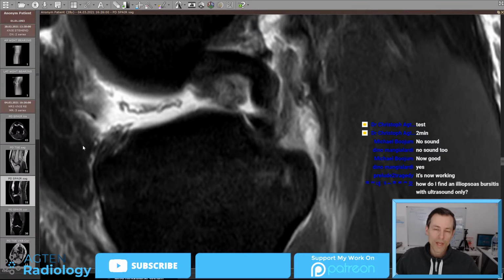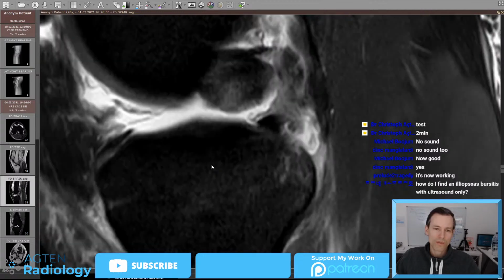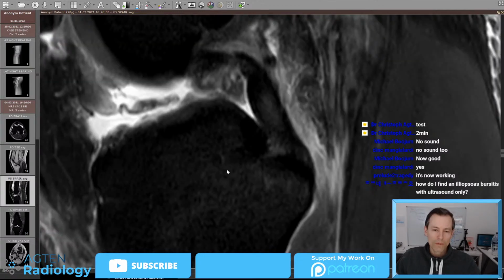You just go cross-sectional to the course of the Iliopsoas tendon above the hip, and if you have a fluid collection there around the Iliopsoas tendon, you can certainly make the diagnosis. We used it to make injections there also, but I think it should be feasible unless the patient is really big, and then it's probably not so easy to make the call. But I wouldn't think why you should struggle there.